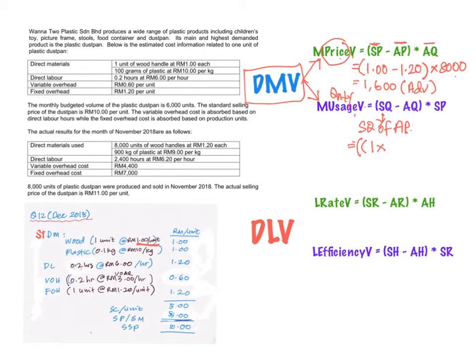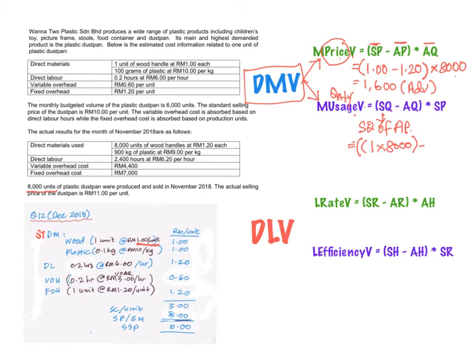Then you look at the actual results for the month of November. As you can see here, 8,000 units of plastic dustpan were produced. So this is the actual units produced, which is 8,000 units. So you write 8,000 down there.